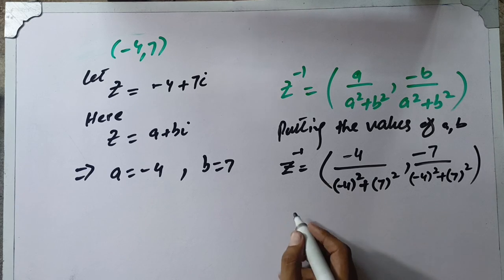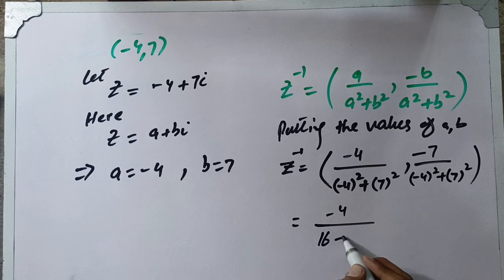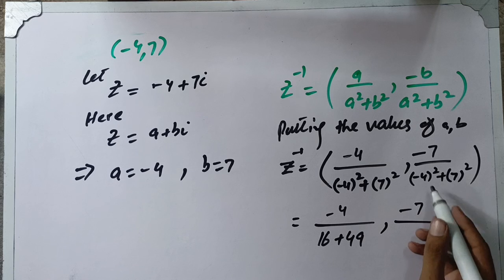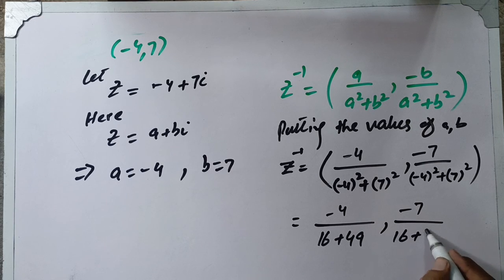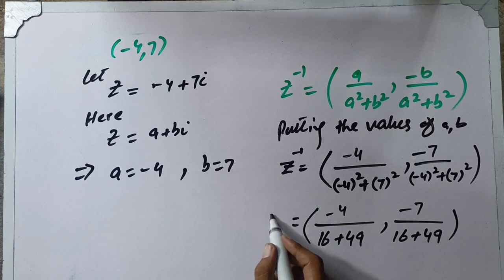Now by simplifying, we get minus 4 over 16 plus 49, and minus 7 over 16 plus 49, and this is the simplest form.